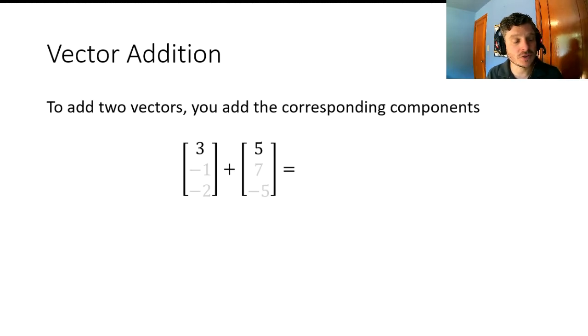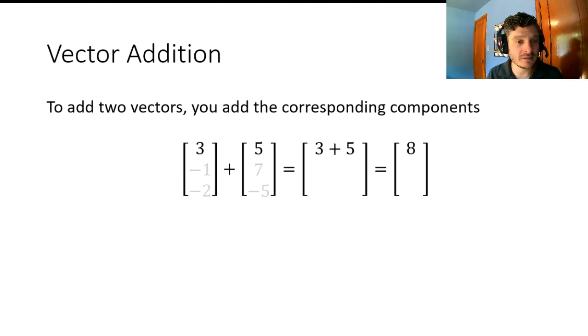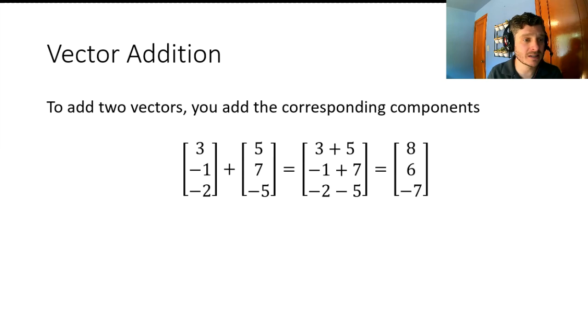So look at those first two components. The top one's a 3 and the 5. We add 3 plus 5, we get 8. That becomes the new first component of my resultant vector, or of my answer. And we just do the same thing with the other ones. -1 plus 7 is 6. -2 plus -5 is -7. And that's it. That's how we add vectors. Add their corresponding components. It's really that simple.